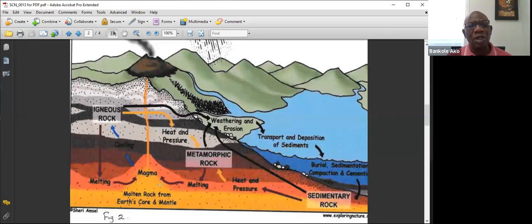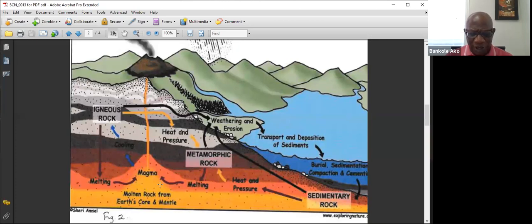And this results in what we refer to as magma. This flows up through the system as molten rocks. They eventually come to the surface or even internally and get solidified.